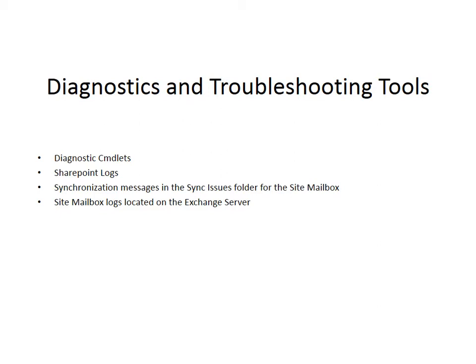We can also review the synchronization messages in the sync issues folder for the site mailbox, which is always helpful as well. Or we can look at the site mailbox logs located on the Exchange server. All these references can point out the problem and the solution, which will help us troubleshoot if we have any errors or any configuration problems in our environment.